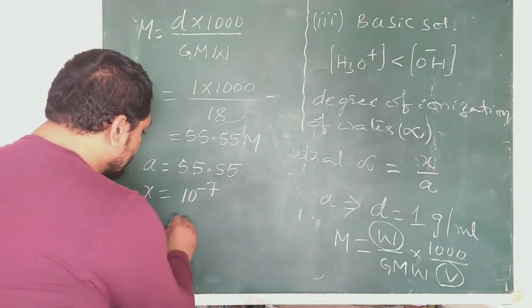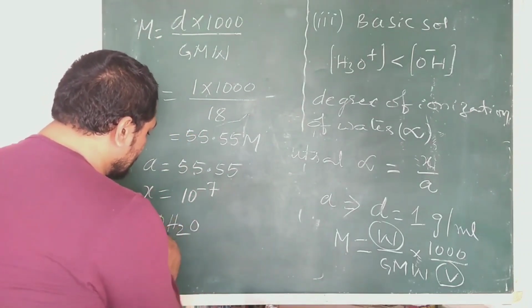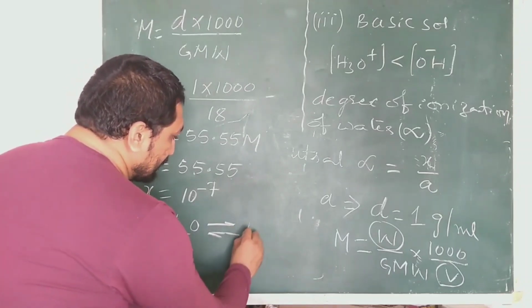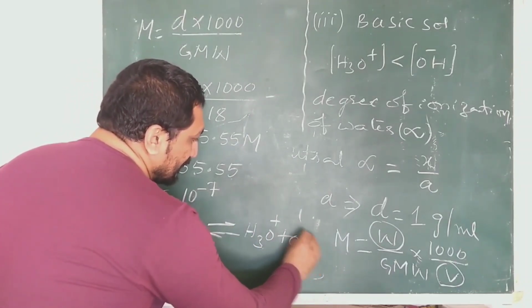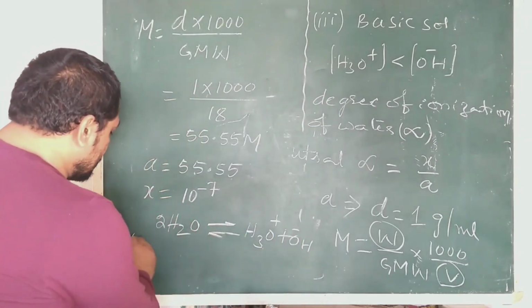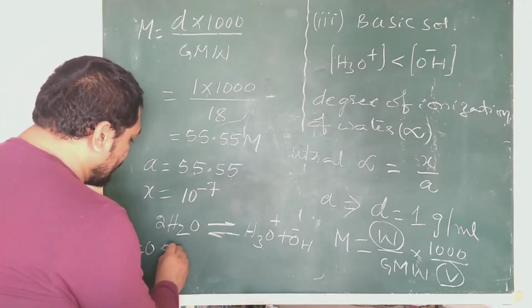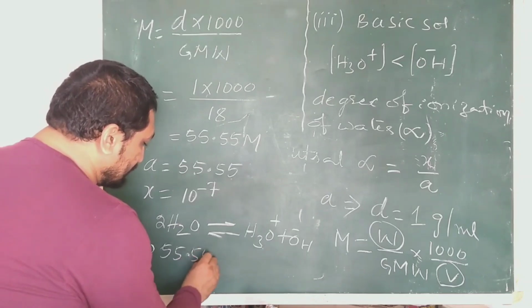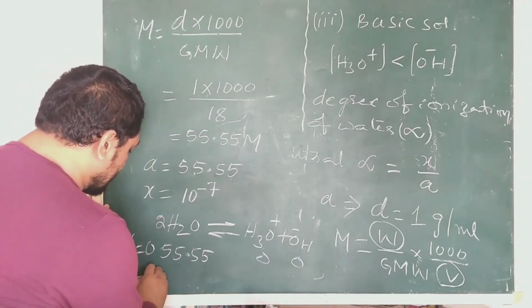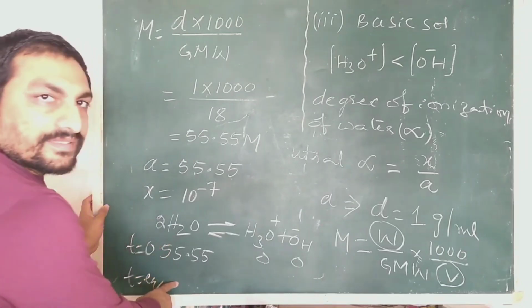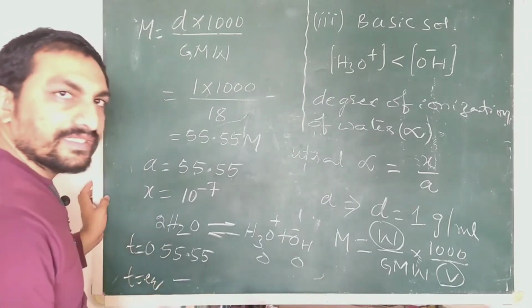Let us see. So we know that 2H2O reversible arrows H3O plus OH minus. Initially, at time equal to 0, the initial moles are 55.55 and H3O plus is 0, OH minus is 0. At equilibrium, H2O concentration is constant, so I am not considering this.